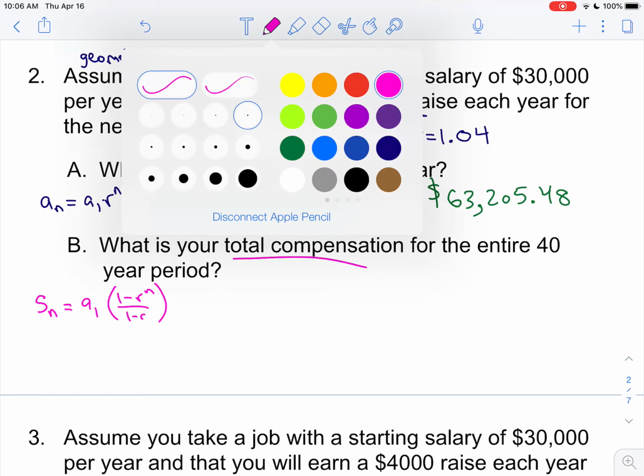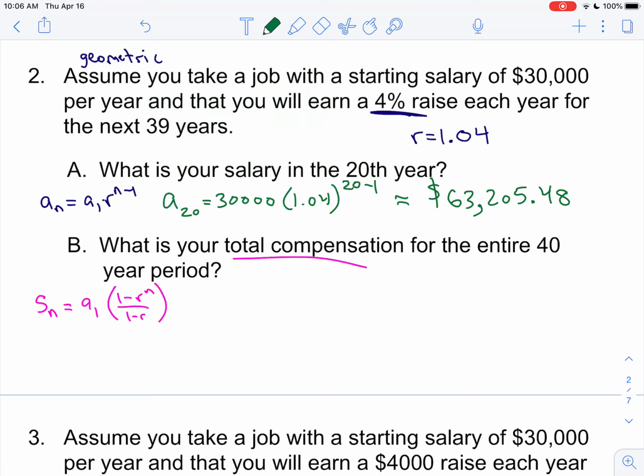This is 40 years of work, so we want S sub 40. Our first term we know was 30,000, and then that's going to be 1 minus 1.04 to the 40th divided by 1 minus 1.04. And so I would just go straight from there to the answer.